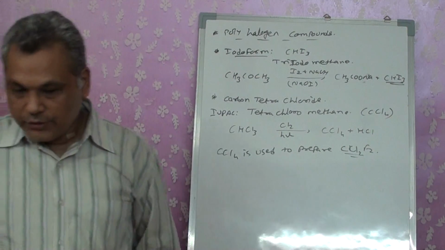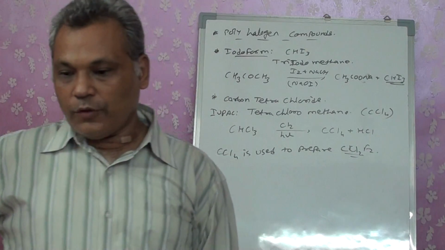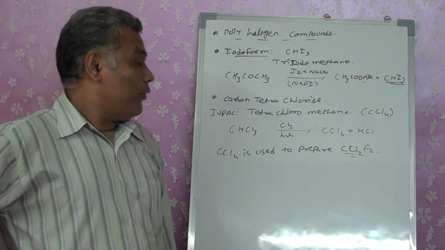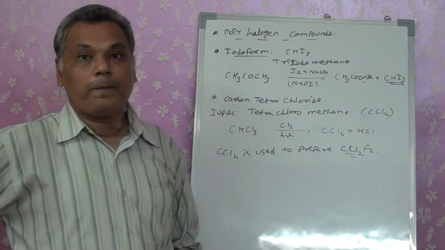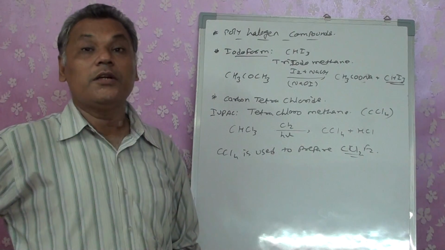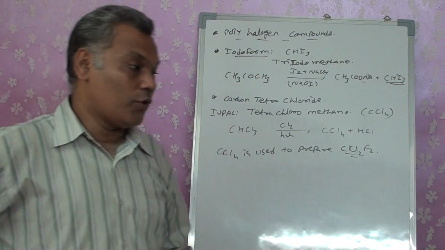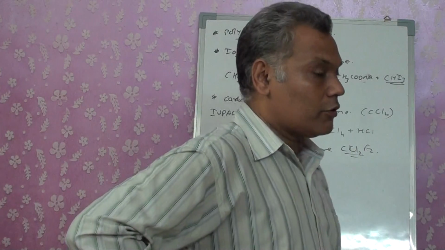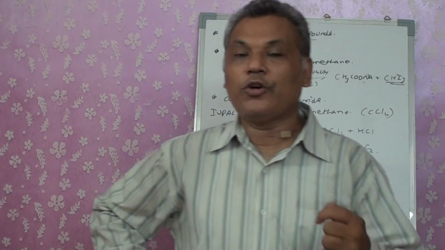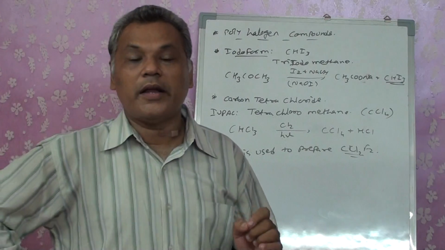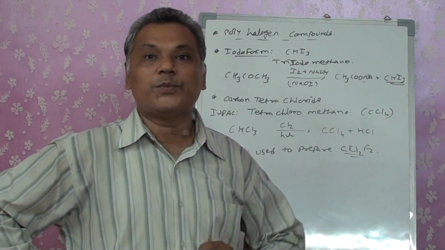It is also used in the chemical and pharmaceutical industry as a solvent. Some years ago, it was used in industries as well as in homes for removing spots, for dry cleaning purposes, right.